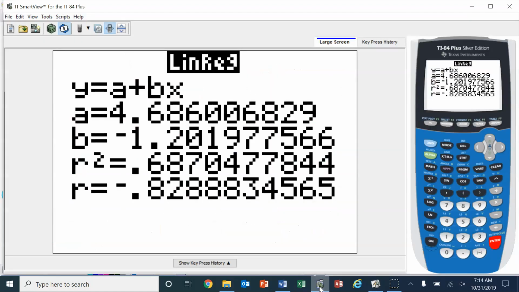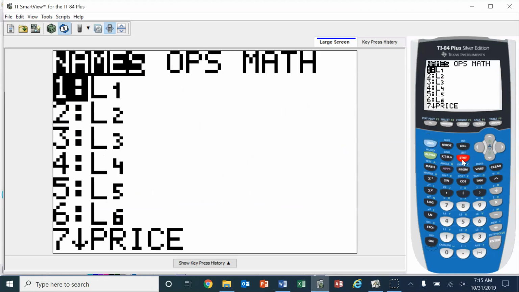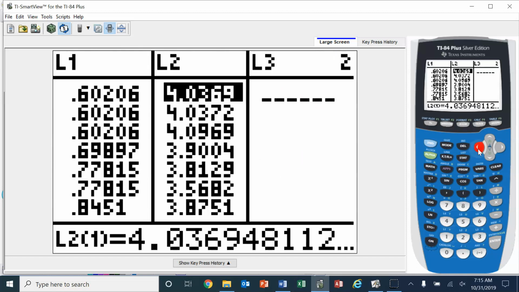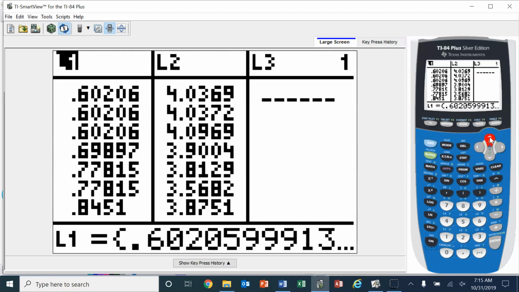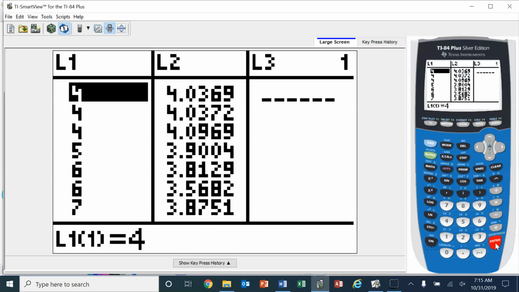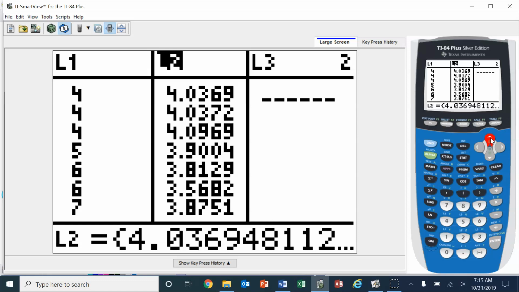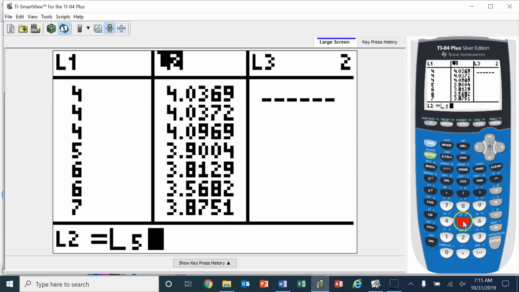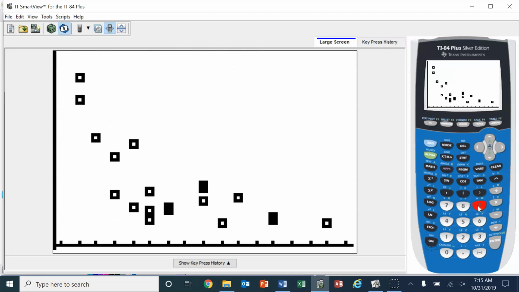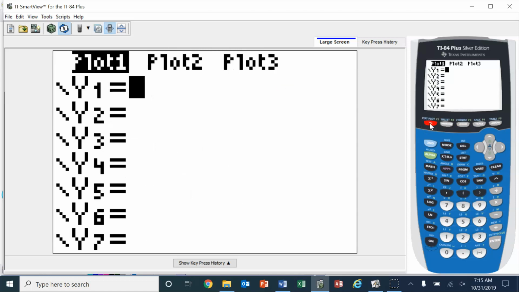But first, remember, we need to go back to our original data. So we need to go in and dump list 4 back in. Again, this is why we do the backup. And dump list 5 back in list 2. There's our original data. Zoom 9. Okay, good. All right, let's type this equation in.